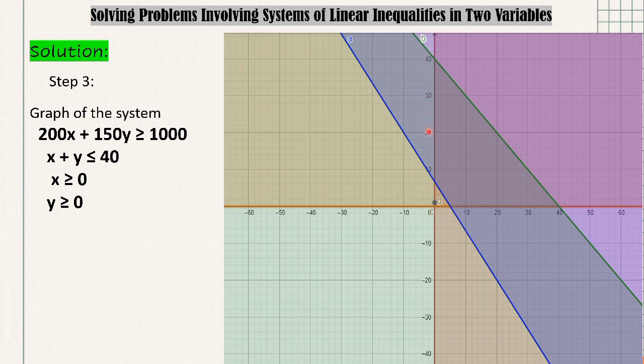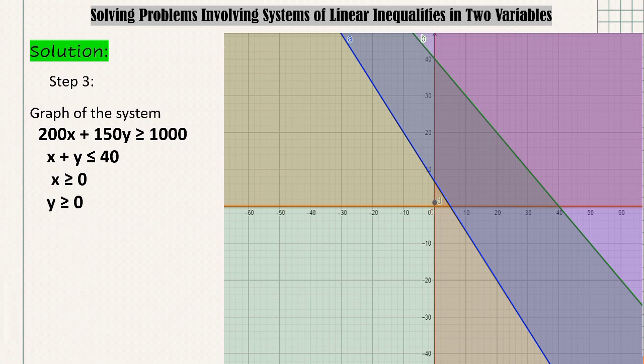This is now the overlap region formed by the 4 conditions. We can now choose at least one ordered pair that is located in the overlap region to check if the mathematical statement is true.